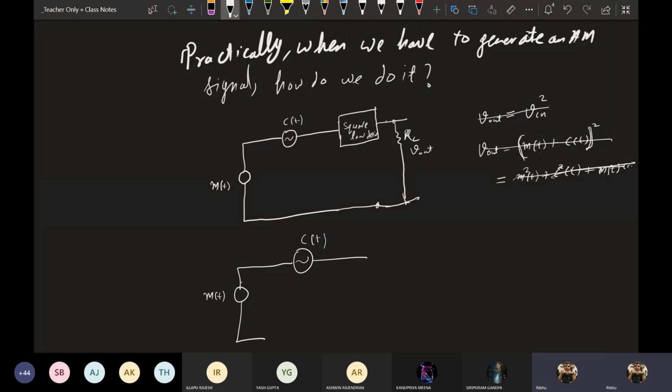c(t) and follow it up with a diode, a badly drawn diode that is, with load RL. Fine.